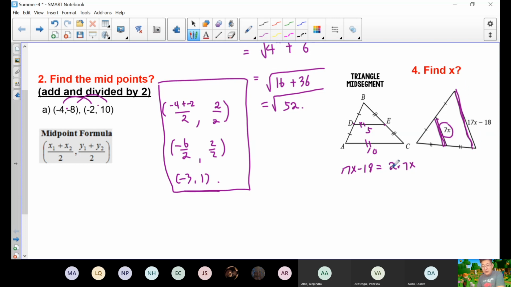To make it equal, multiply by 2, so we have 14x. 17x minus 18 equals 14x. I'm going to move this to the other side: negative 17x. So I have negative 18 equals negative 3x. Divide by negative 3. 18 divided by 3 is what? 6.